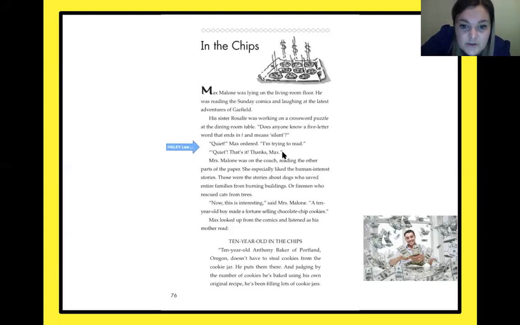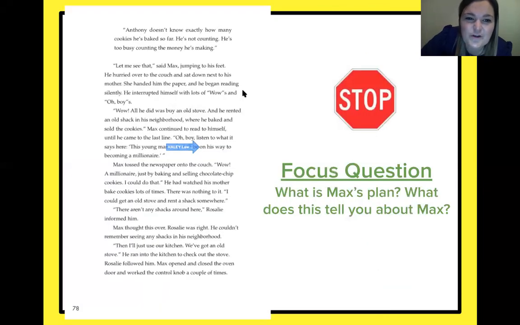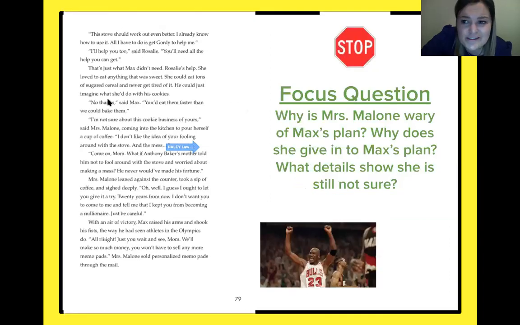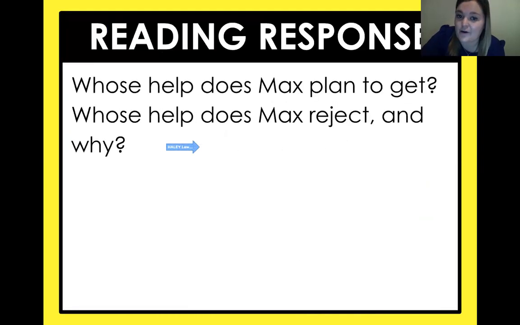He is trying to read, right? And then he's working on the comics section. Then we have Mrs. Malone. She's reading human interest stories. So she likes those stories that make her feel better, those happy stories. And then we also get this nice picture of what they all look like. That's helpful too. Then we learn a little bit about Max from when he says, I don't want Rosalie's help, right? That's showing he does not want to work with his sister. So there are just a few details that help us figure out about his family.